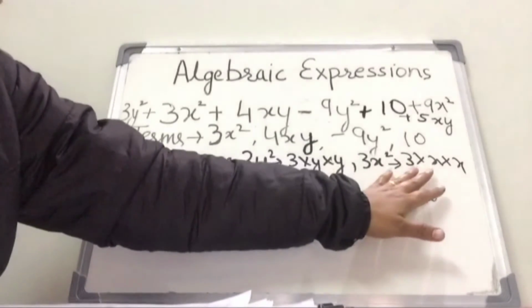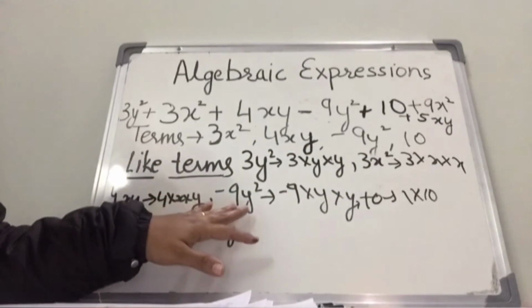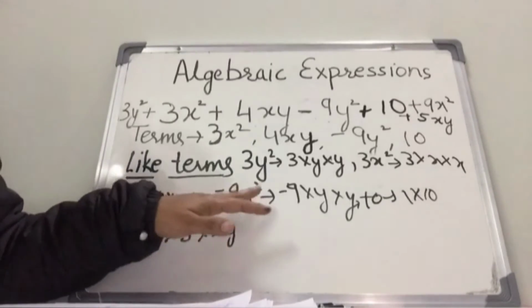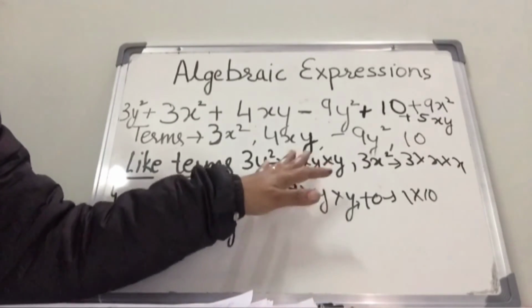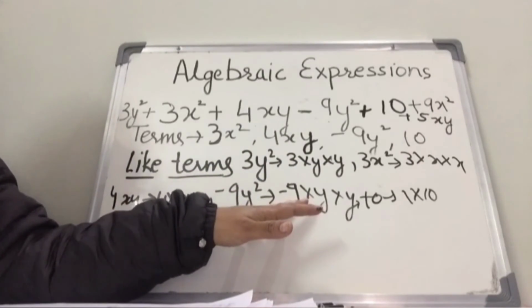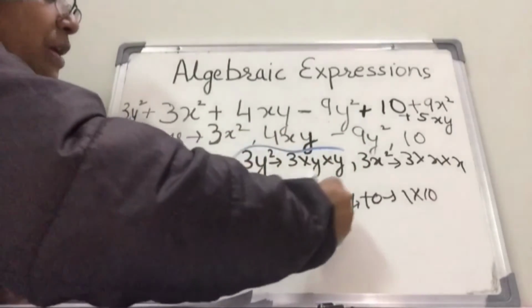So we see this has 2x and x, this has 1x and 1y. Minus 9y square has two factors in variable form, that is y and y. So 3y square and minus 9y square will be like terms.